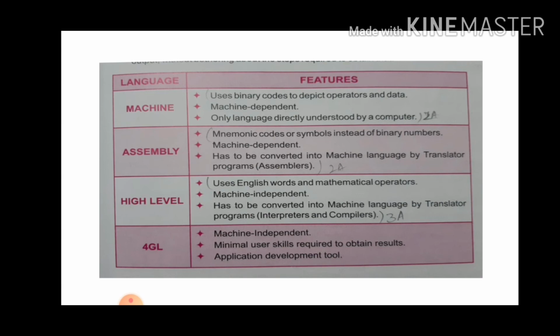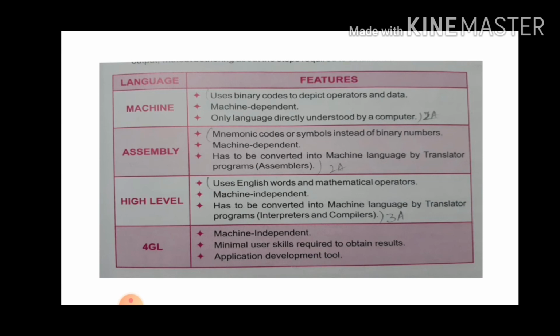It is the only language directly understood by a computer. It is a low level language which can be understood by the computer. The codes written in it are known as binary codes, and that binary code is the binary language at the machine level.